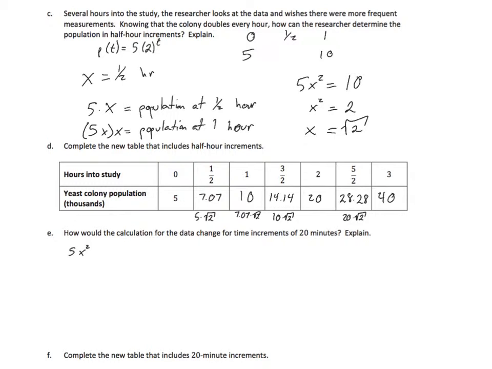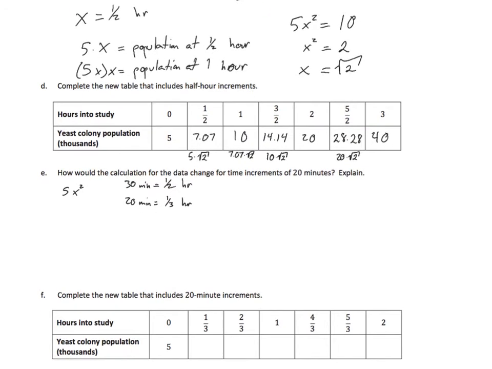So 5x squared, that's 1 hour. Now, if I want to break it into a third of an hour, so 30 minutes equals 1/2 hour. Well, 20 minutes equals 1/3 of an hour. And I think we can already see a pattern that might form here.